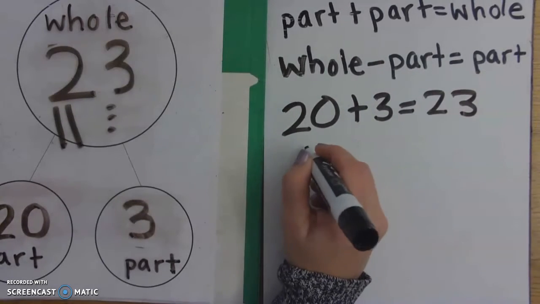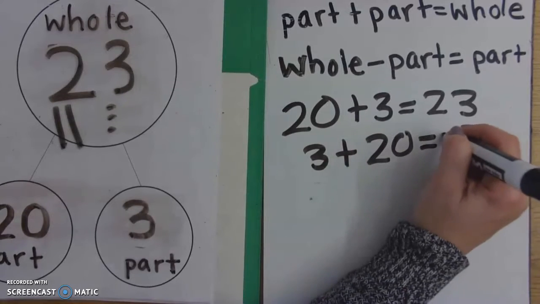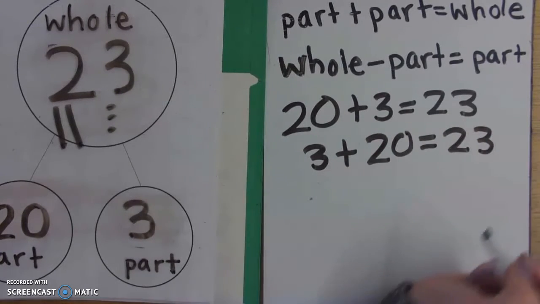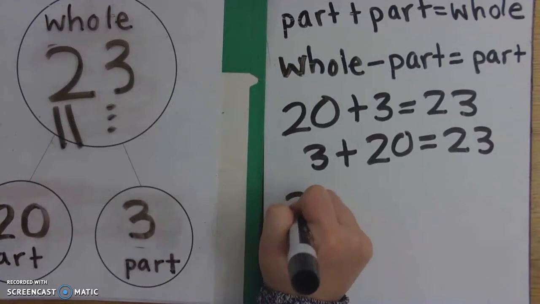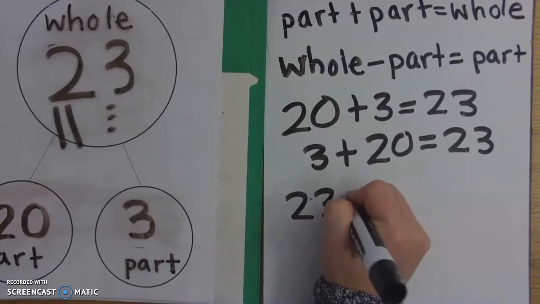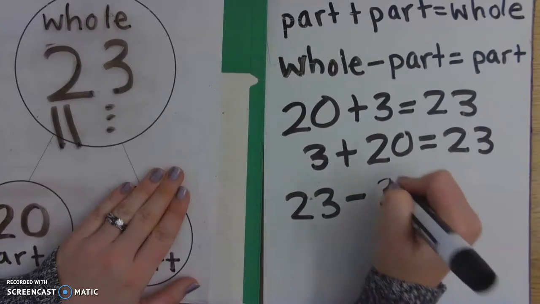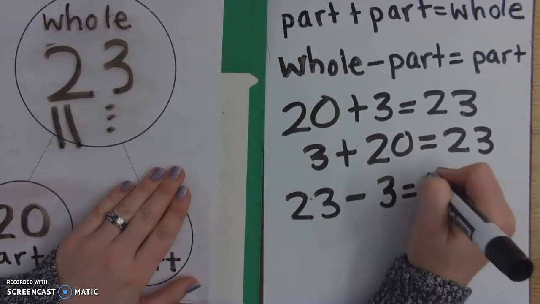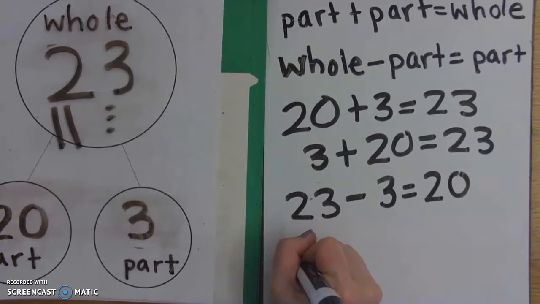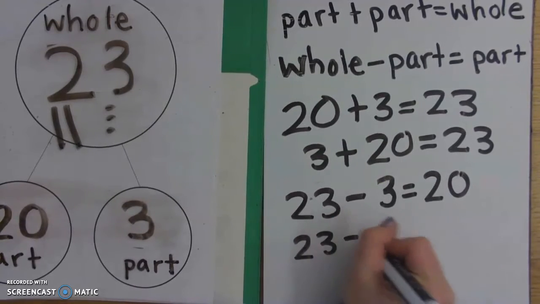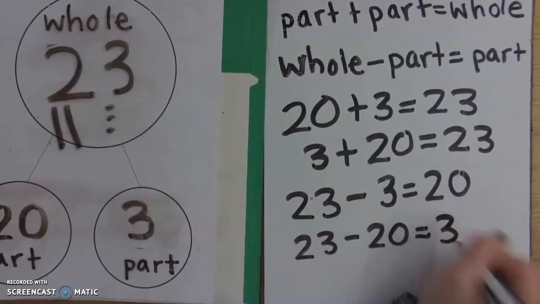You could have also done 3 plus 20 equals 23. For our subtraction sentence, we start with our whole. 23, take away 1 part, take away 3 equals 20. Or you could have done 23, take away 20 equals 3.